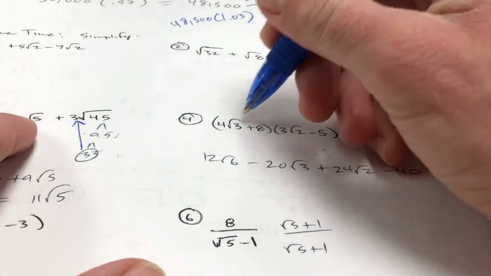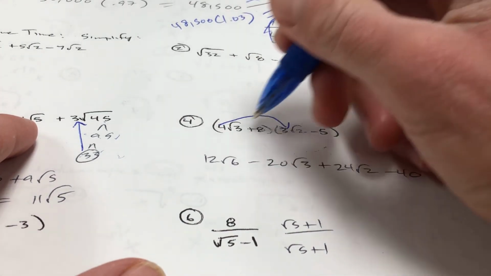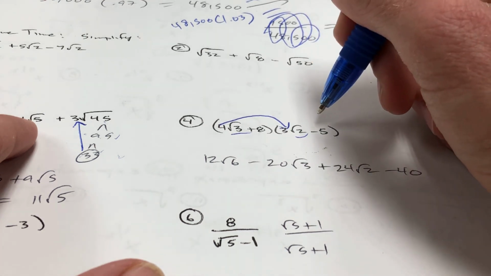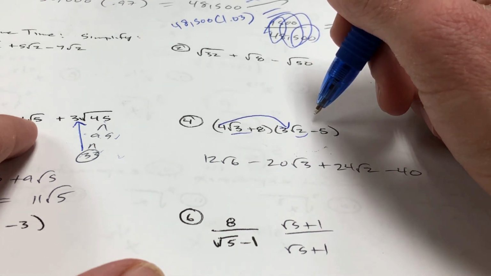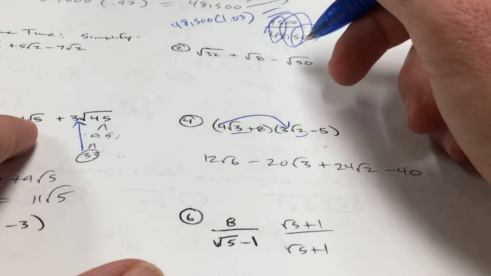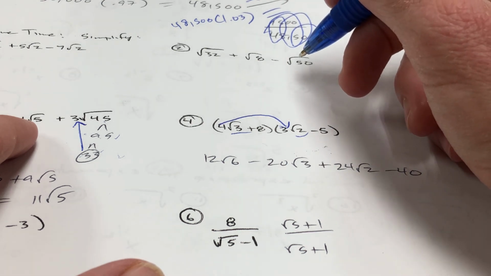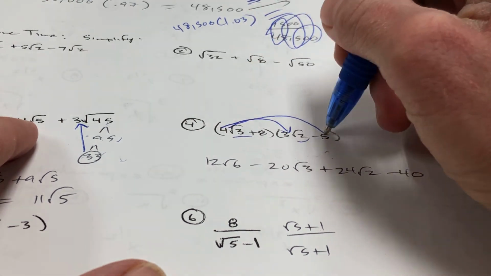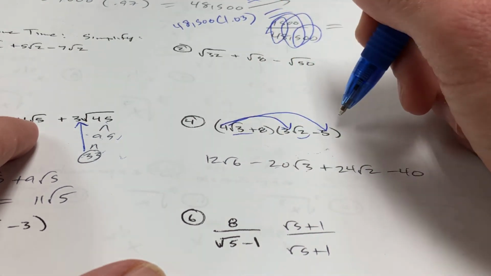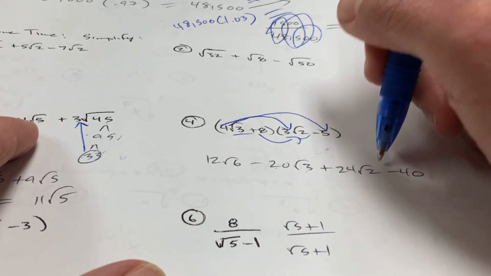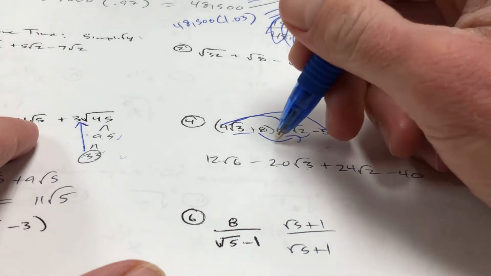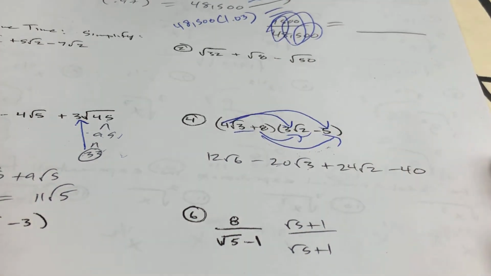All right, so 3 and 2 is 12 root 6, minus 20 root 3, plus 24 root 2, minus 40.